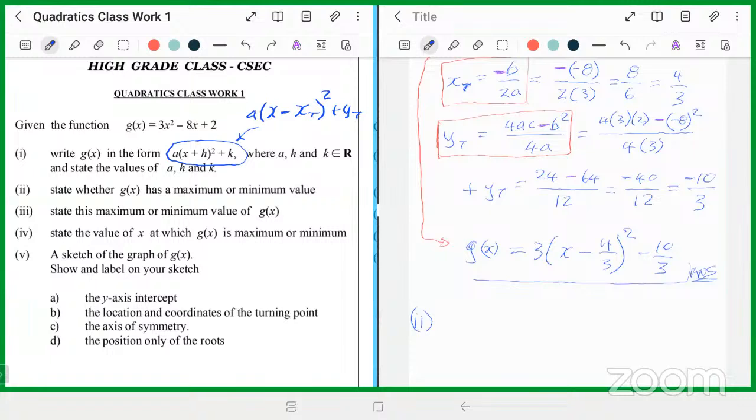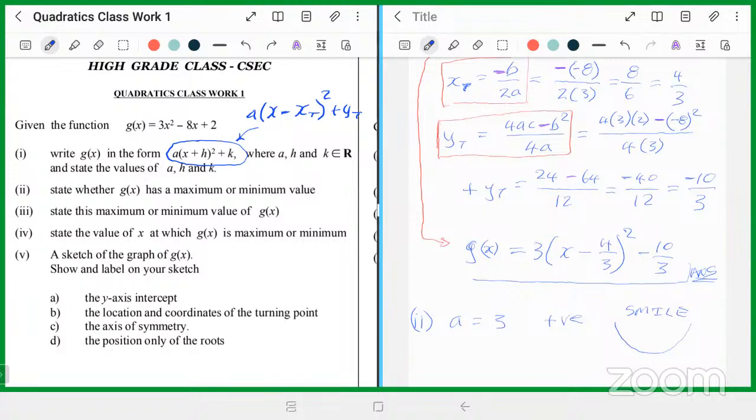So the a value in the standard form, which is this a, is equal to 3, which is a positive value. When the a is positive, the graph will have a smile shape going like this.